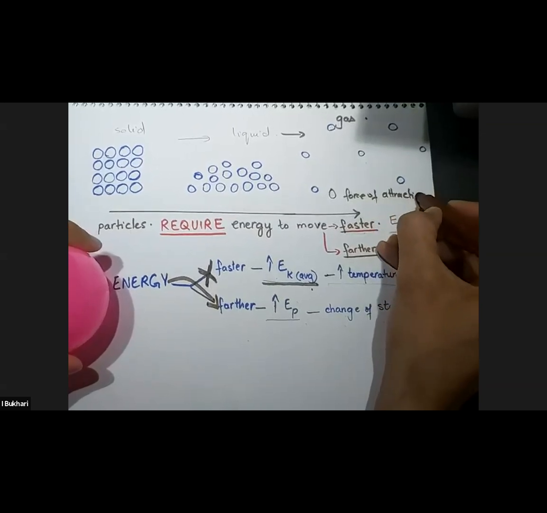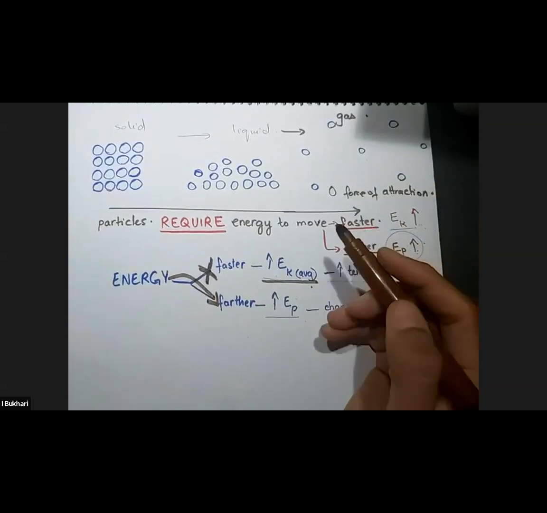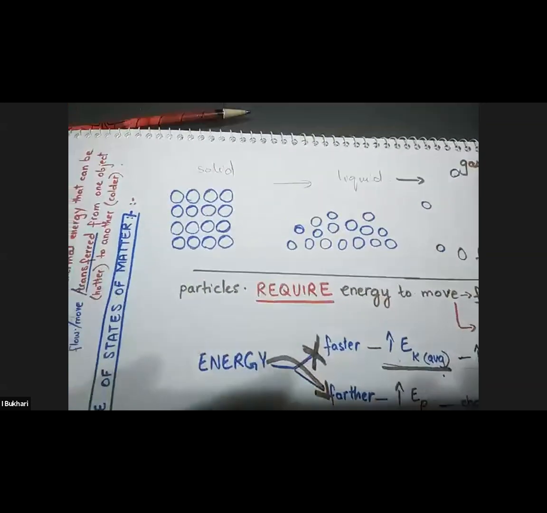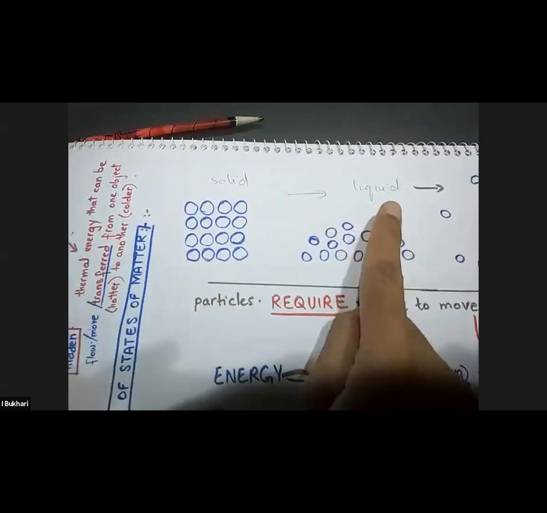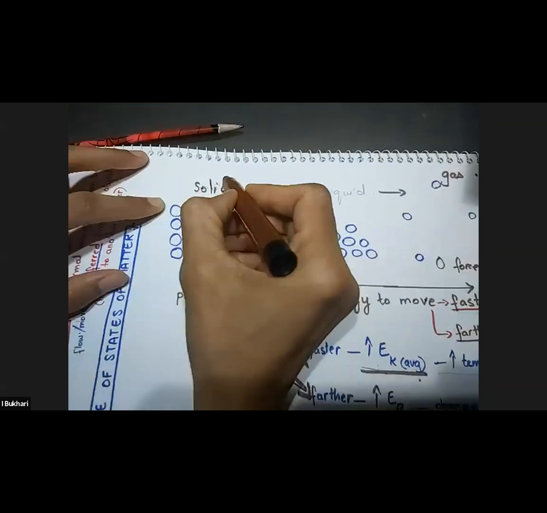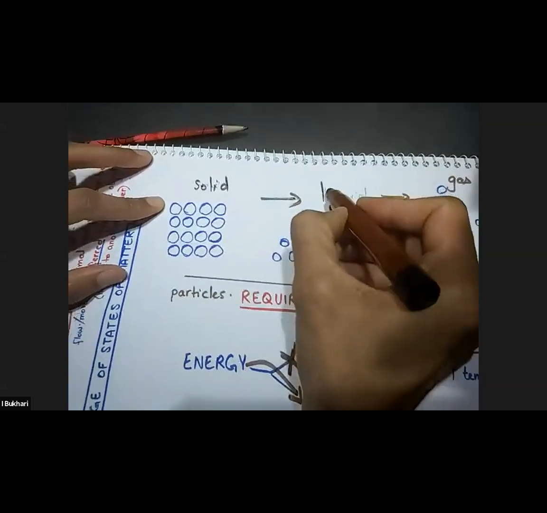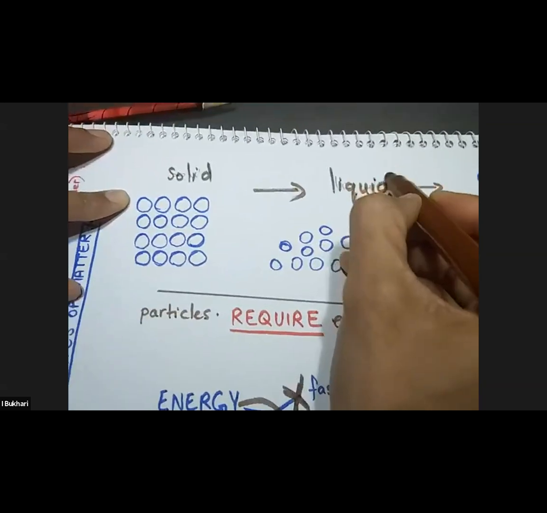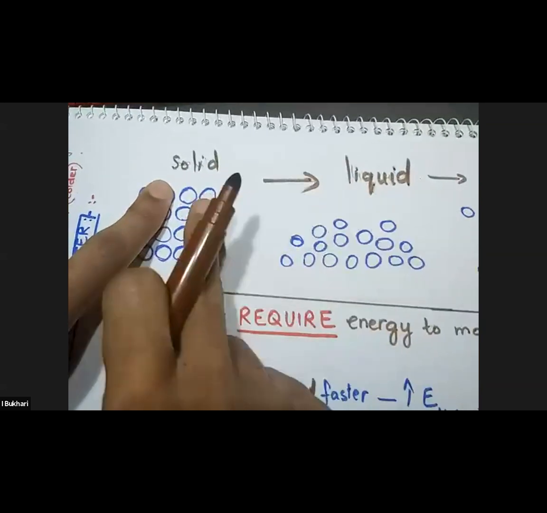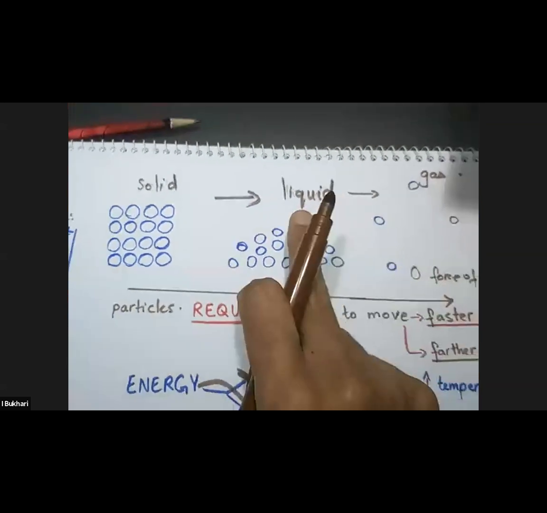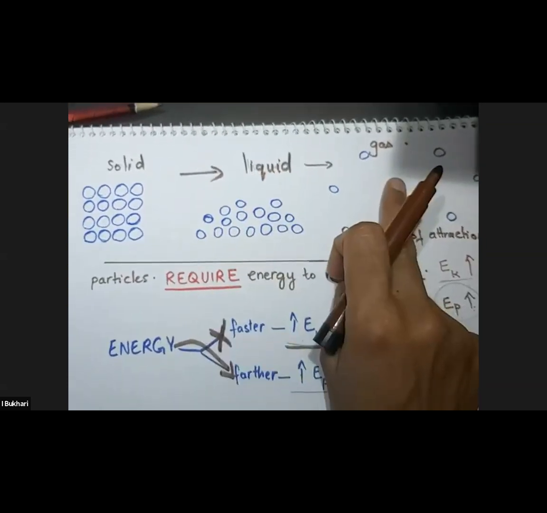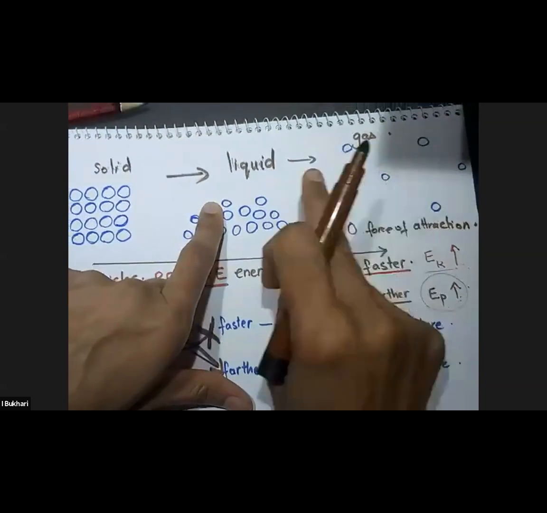So what do you think needs more energy, weakening or totally breaking? Would changing from solid to liquid, which only weakens the force of attraction, take more energy, or would total breaking take more energy? Yes, total breaking will take more energy.